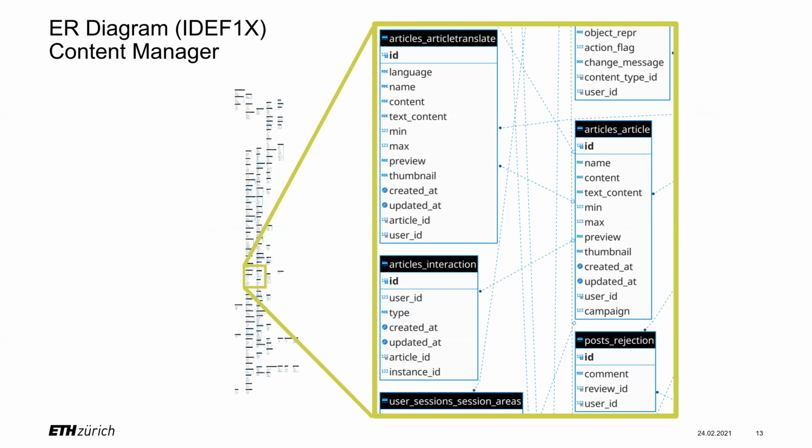But here you can see that even for a small program, it is already complicated, and we can see how some of the relationships between articles and translated articles and article interactions look through this ER diagram.